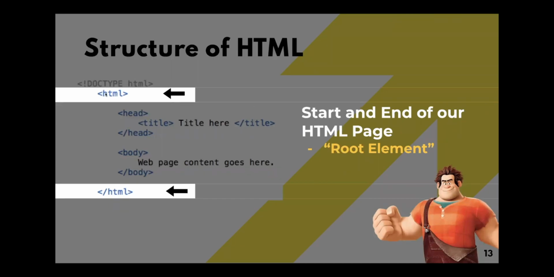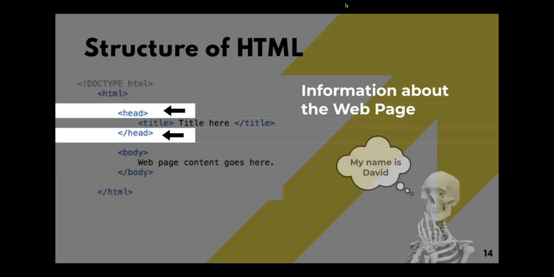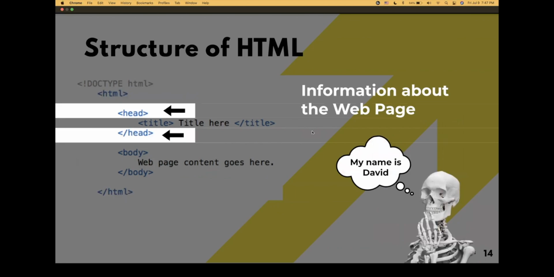So these are the HTML tags. Then the head has information about the website, mainly just the title for now. Inside the head is the title of our web page.